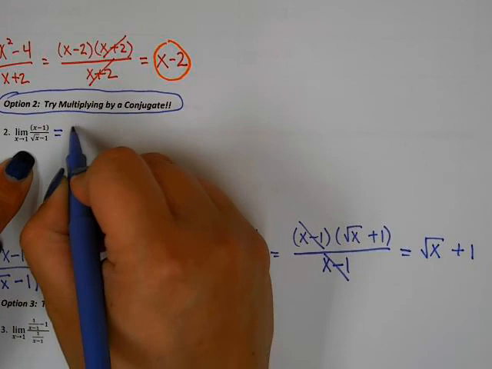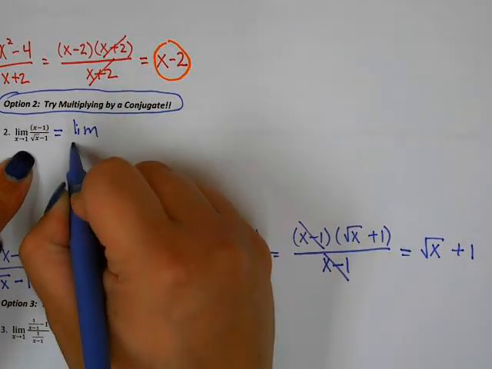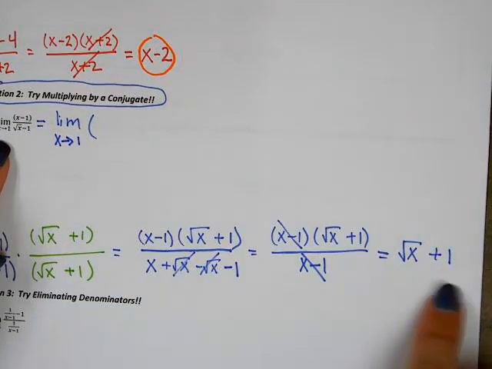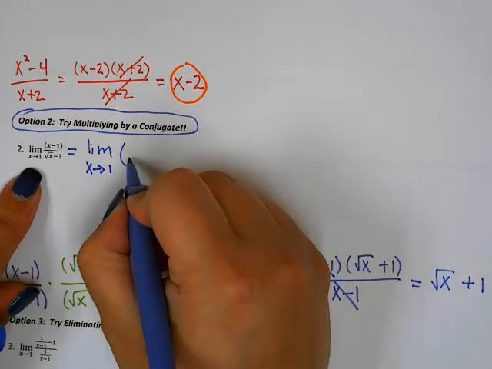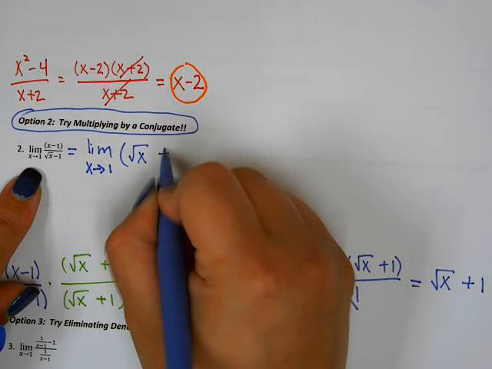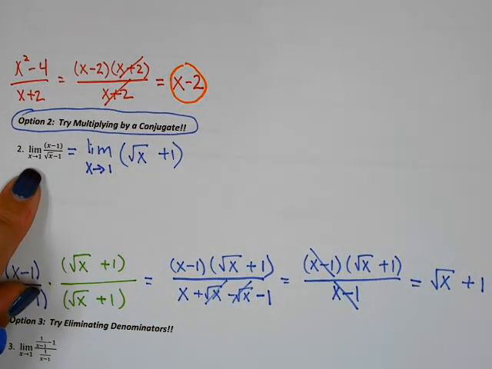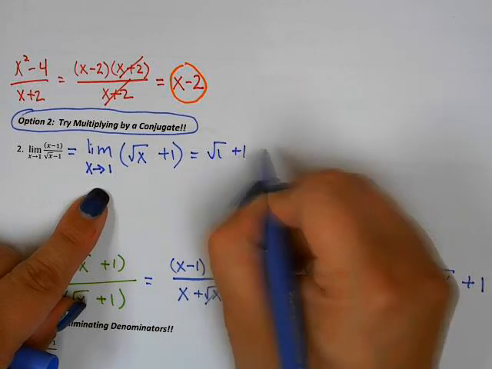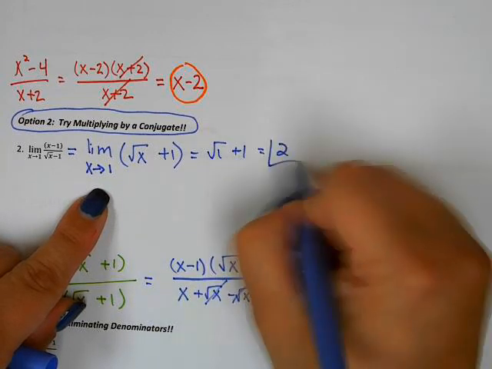So now I can find the limit as x approaches 1 of this new function that I was able to simplify down to, which is the square root of x plus 1. Now I can substitute. I get the square root of 1 plus 1, which simplifies down to 2.